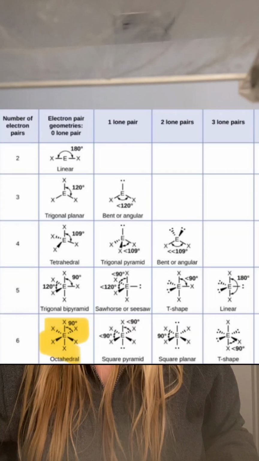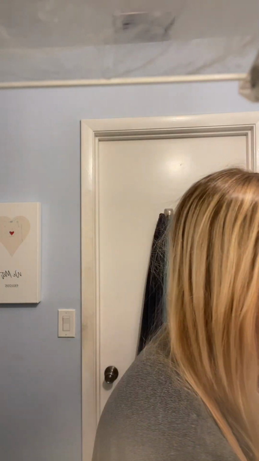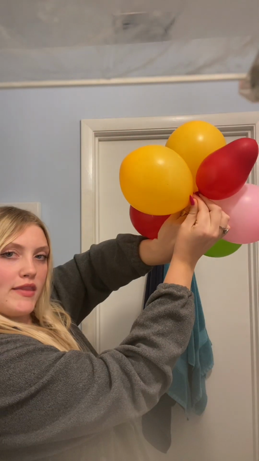Next, I'll demonstrate the octahedral geometry, which occurs when there are 6 bonding areas and no lone pairs. A good example of this is sulfur hexafluoride, or SF6. For this demonstration, we will use 6 balloons. I've got 4 in the front here, and then these 2 are in the back.